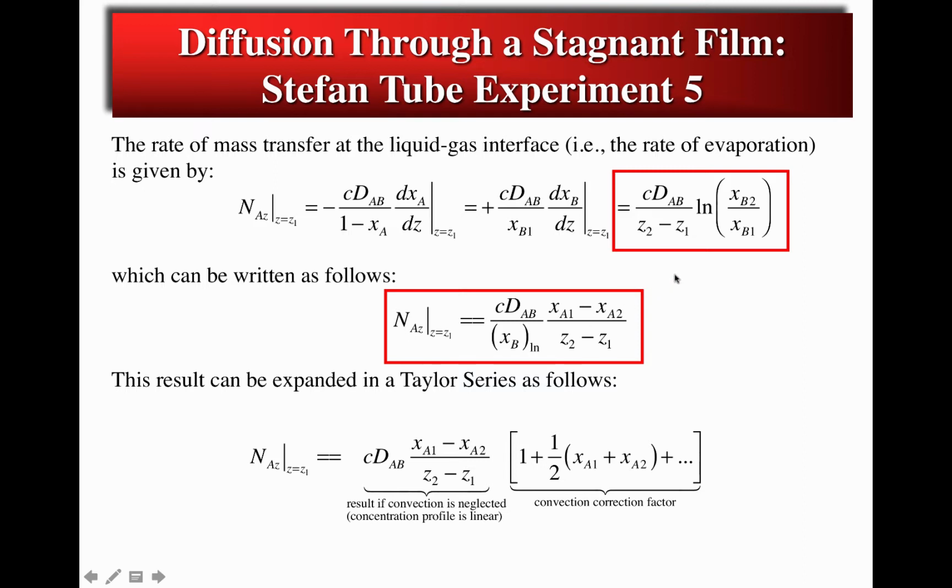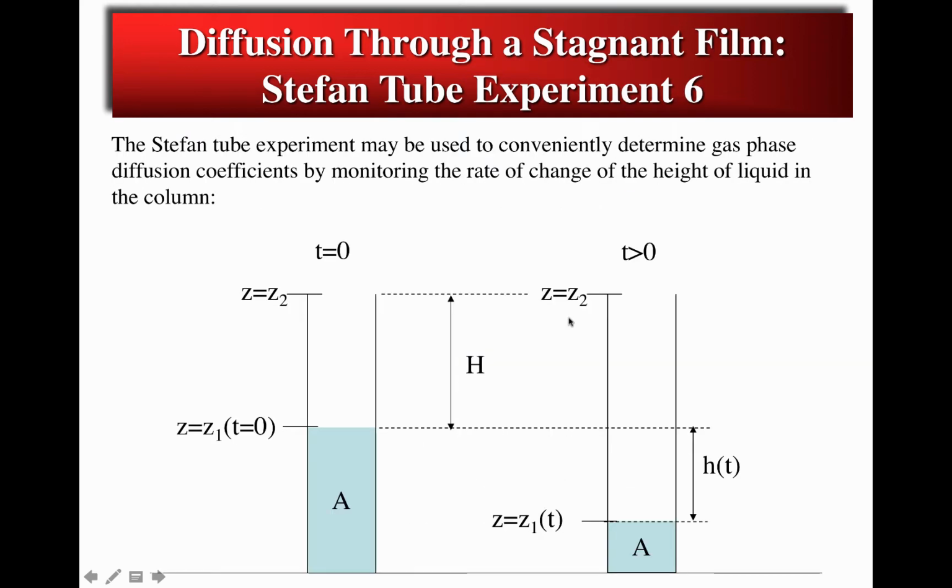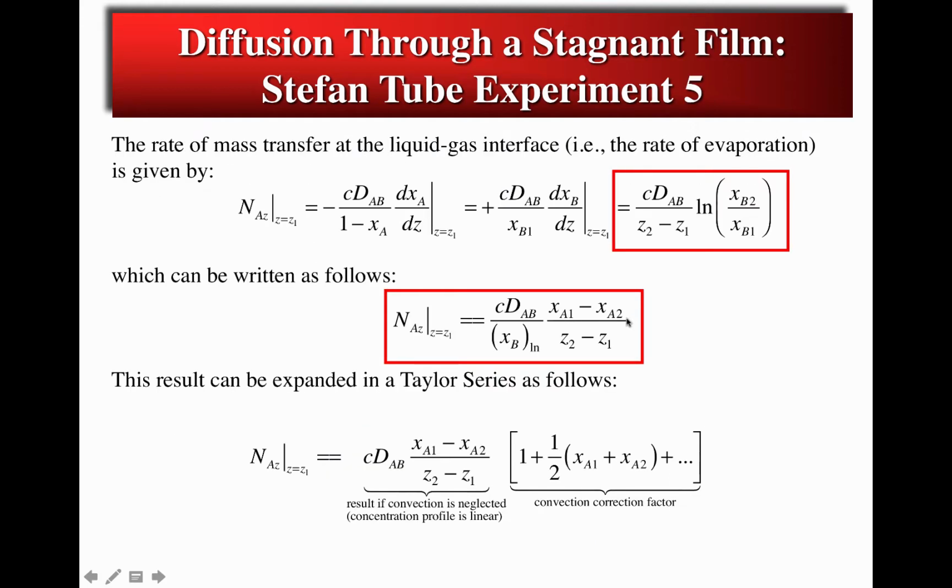That is, we can express it in terms of the log mean concentration of B, and in terms of the difference between XA1 and XA2, that is the mole fraction of A at the liquid vapor interface minus the mole fraction of A at the top of the tube, divided by the length of the gas phase.